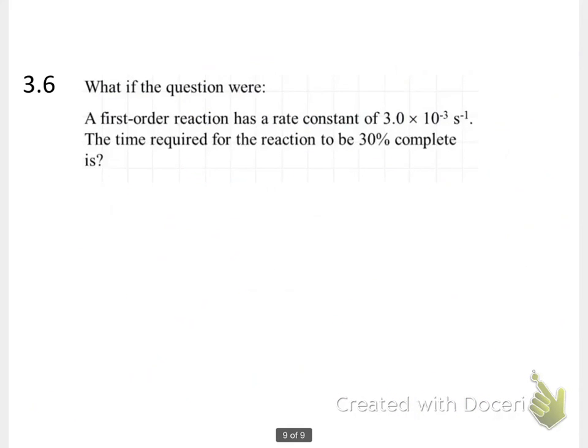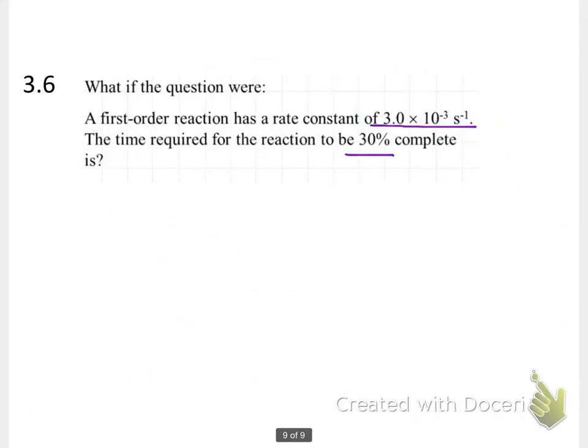Alright, here's another problem. A first order reaction has the same rate constant as we just looked at. The time required for the reaction to be 30% complete is what? Now, this is not as simple as an even multiple of half-lives, so we can't use the method we used in the previous problem, but we could use the integrated rate law.